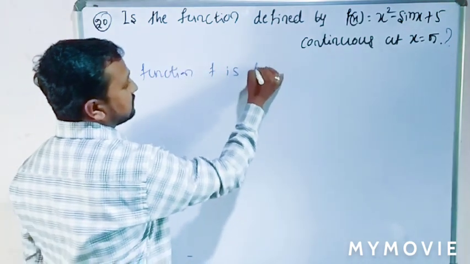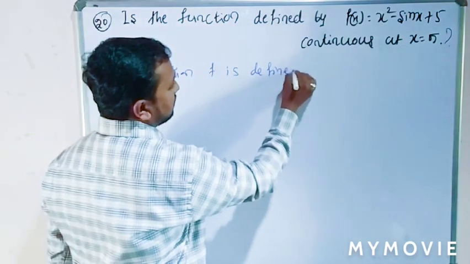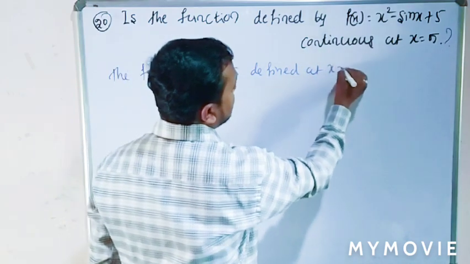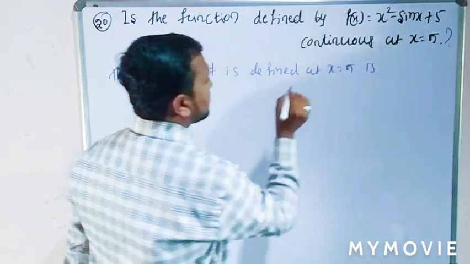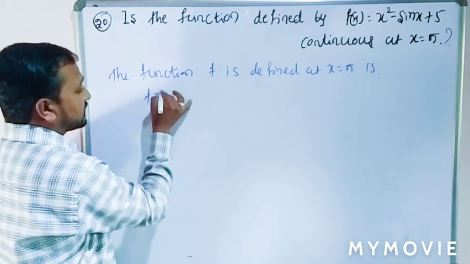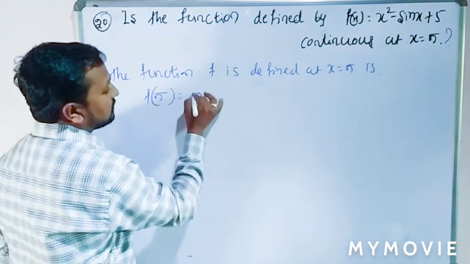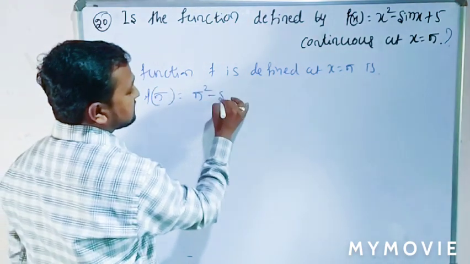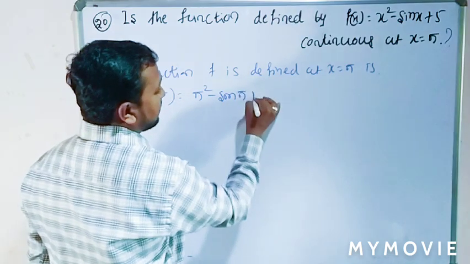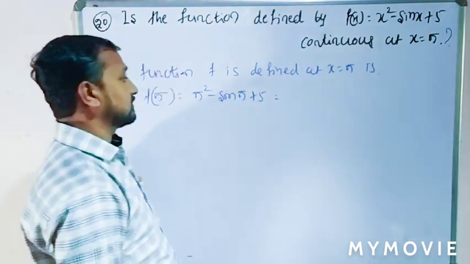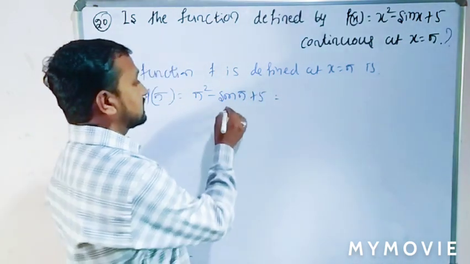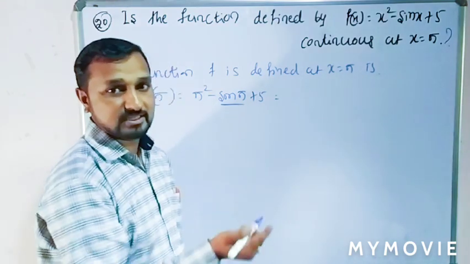f is defined at x equal to pi. f of pi equals pi square minus sin pi plus pi. What is the value of sin pi? Pi is nothing but 180 degrees.